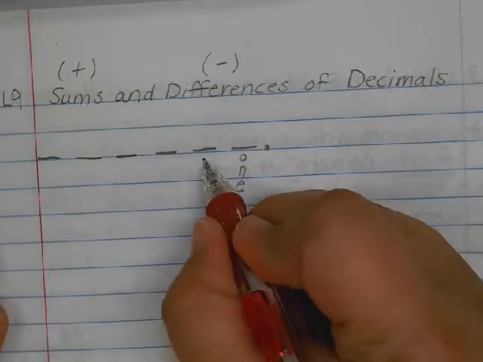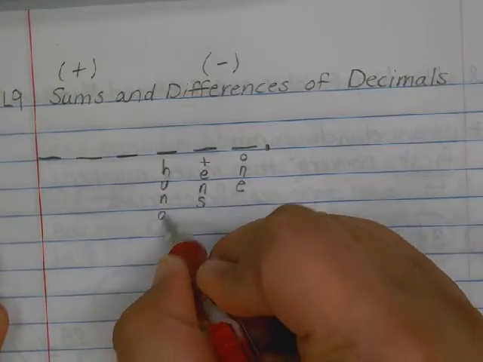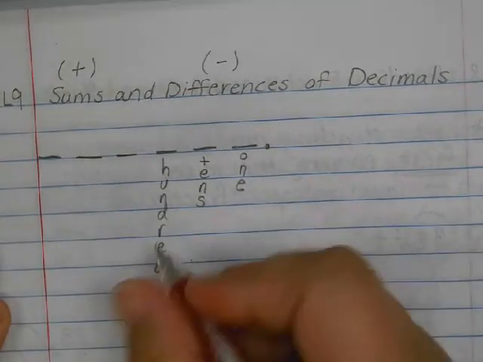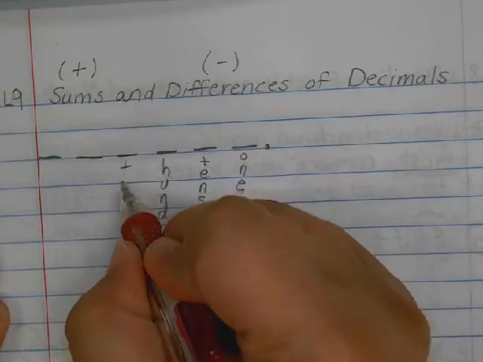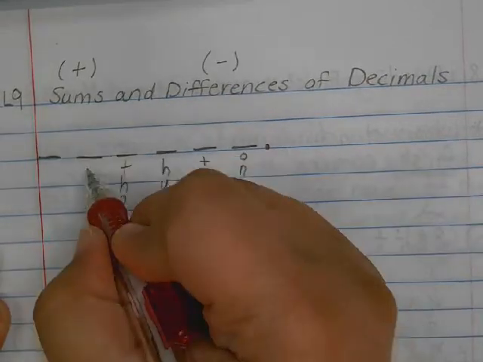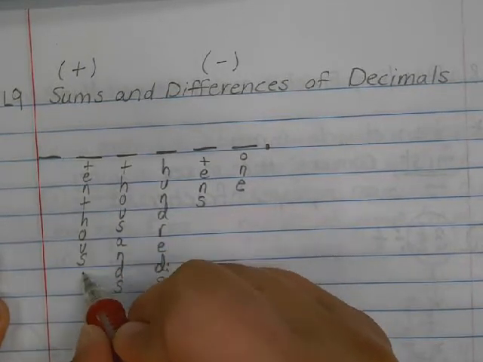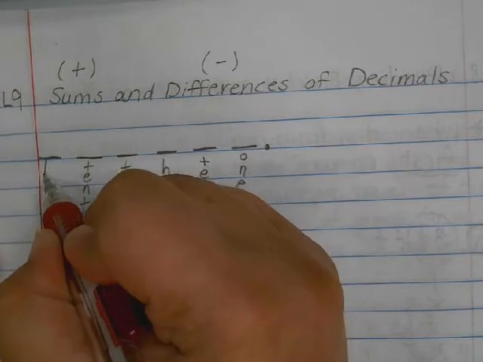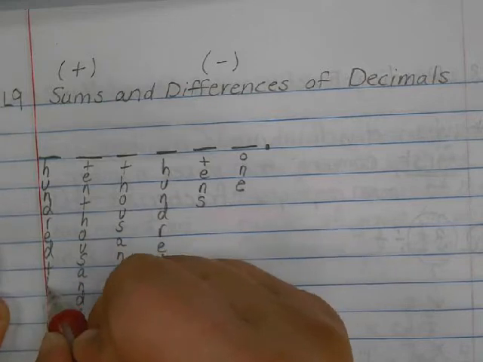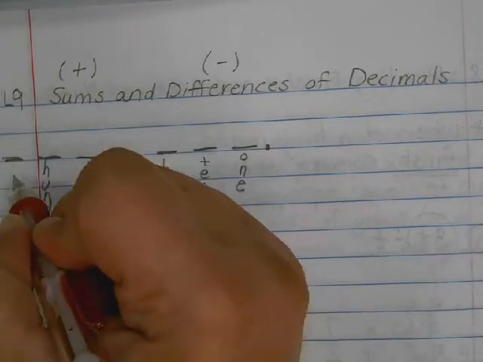And then we have our tens, then hundreds, then thousands, then 10,000s, then 100,000s, and then million.